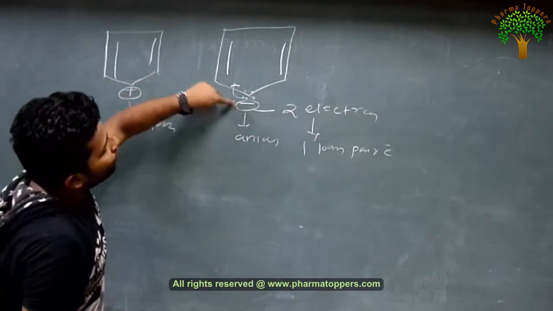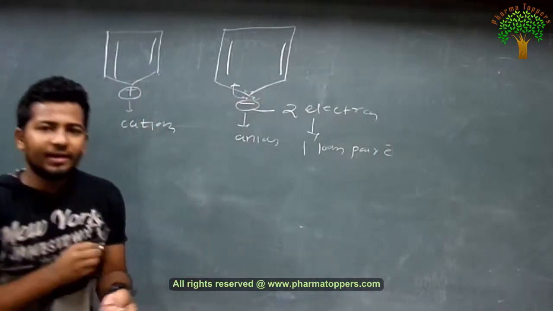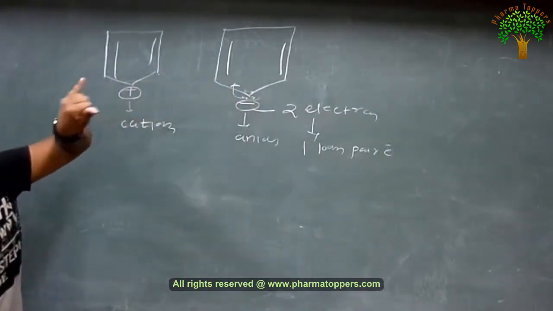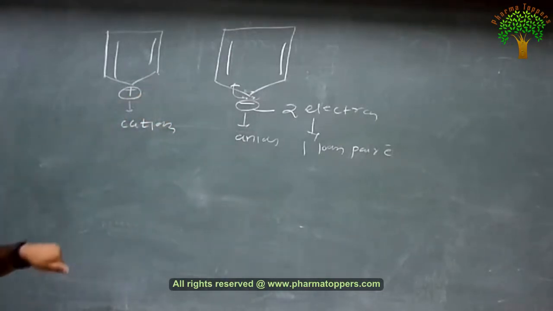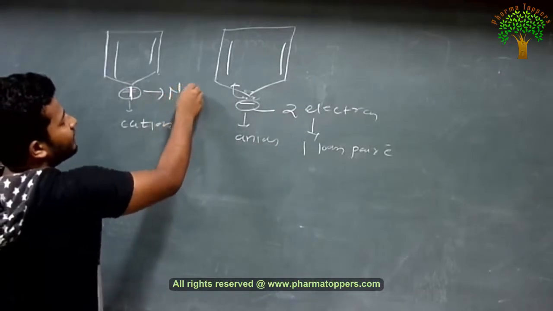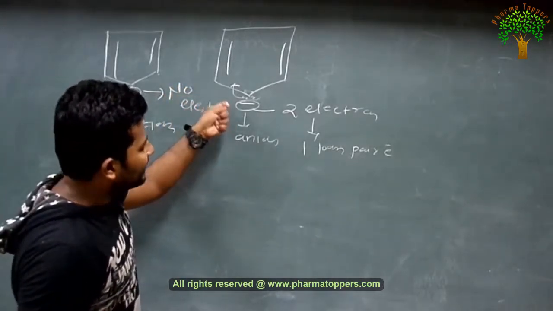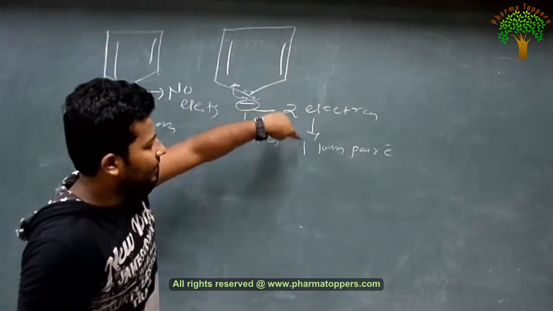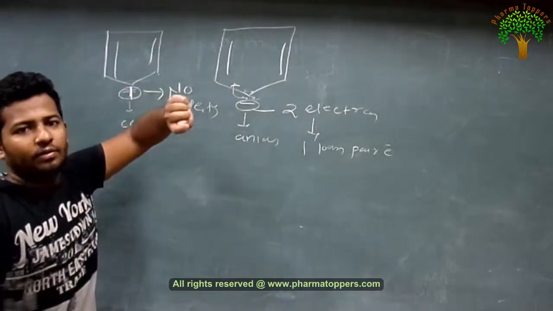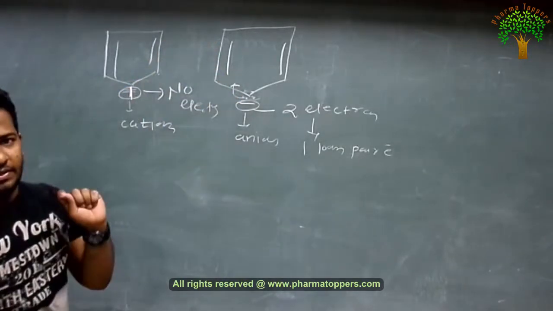If this lone pair is conjugated with this system, they are also calculated in the Huckel rule. So if we compare with the aromatic rule, in this case the positive charge contains no electrons and the negative charge, that is the anion, contains 2 electrons, one lone pair that contributes to the cyclic structure. This causes the conjugation of the structure.